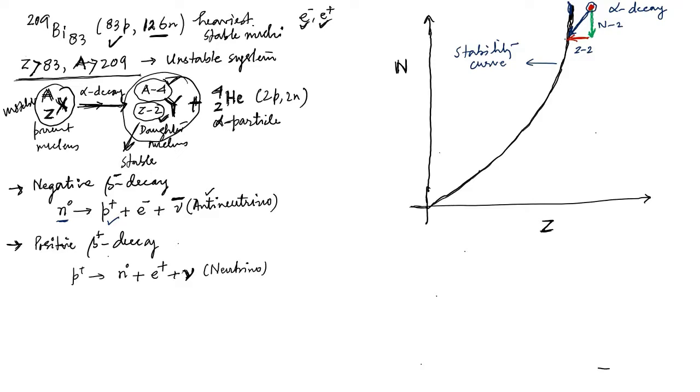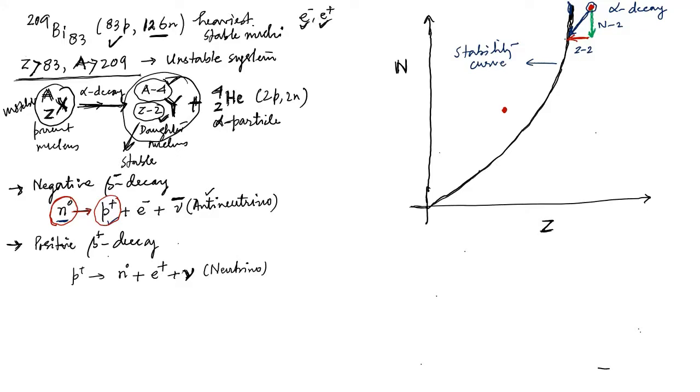So if I have a nucleus here, negative beta decay means beta minus. What is happening in negative beta decay is that we have more neutrons, so I need more protons. A neutron becomes a proton.